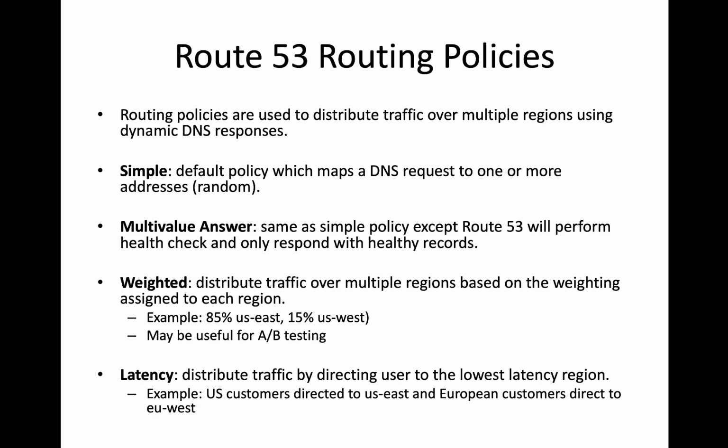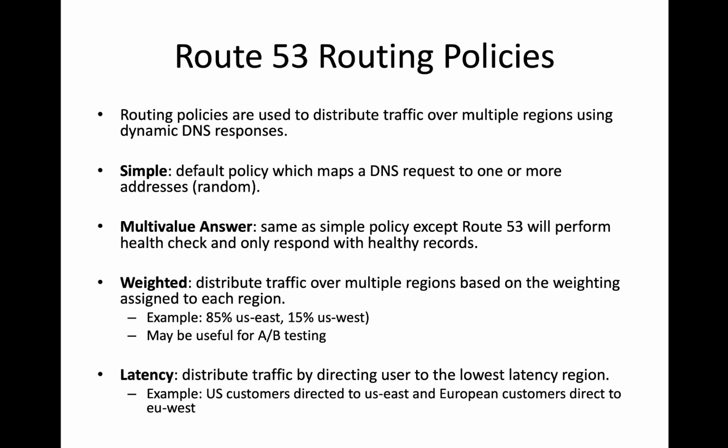You're familiar already with Elastic Load Balancers. Elastic Load Balancers are configured to run within a specific VPC within a specific region. And the load balancer will distribute incoming requests across a set of EC2 instances running within that particular VPC.